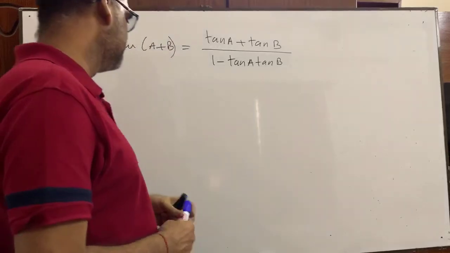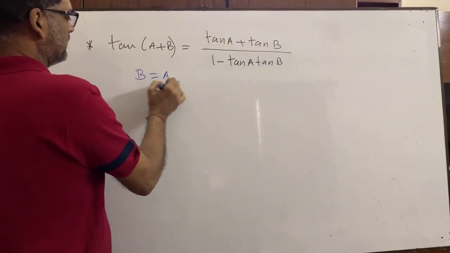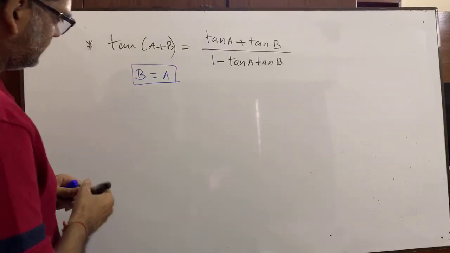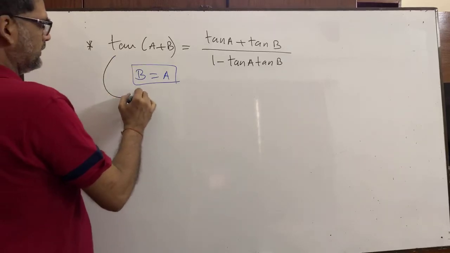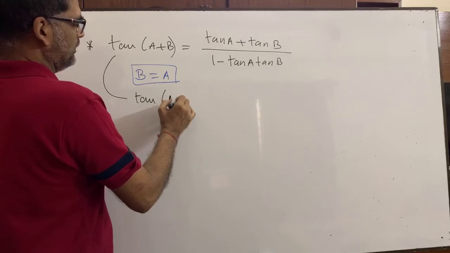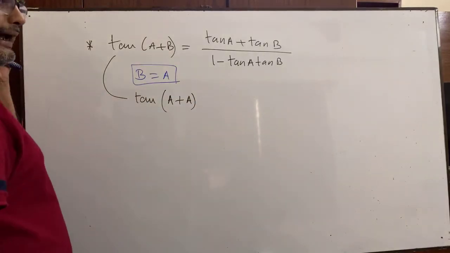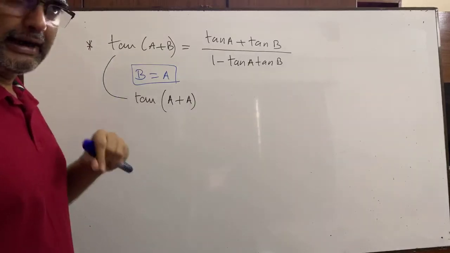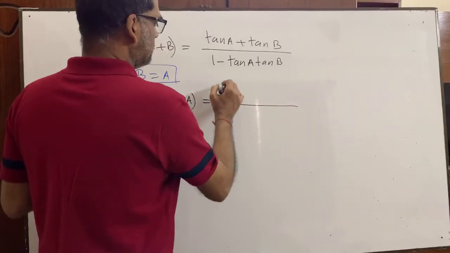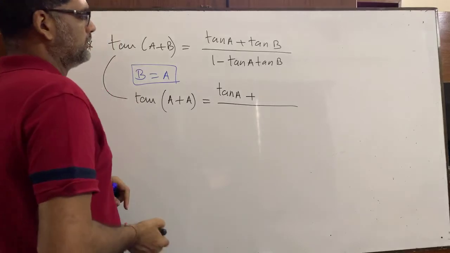Now, if we write down B equals to A, then what will be? Tan of A plus A. For B, I have written A, is equal to tan A plus, it is what?